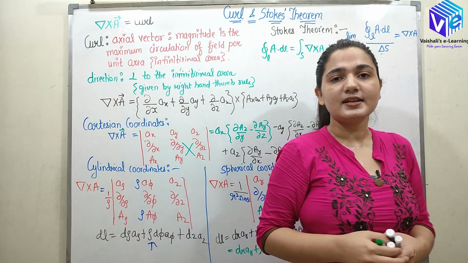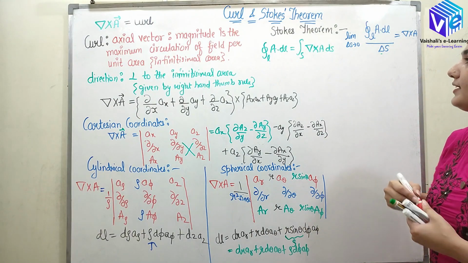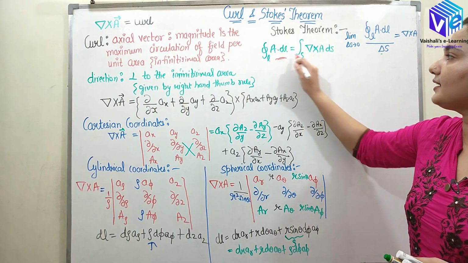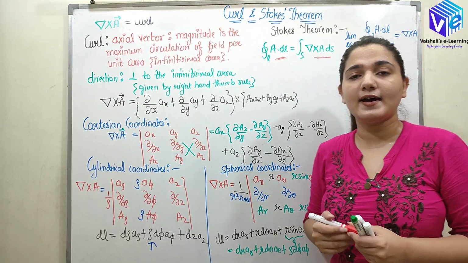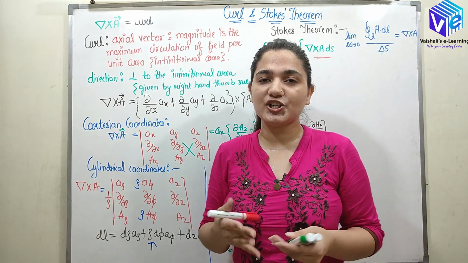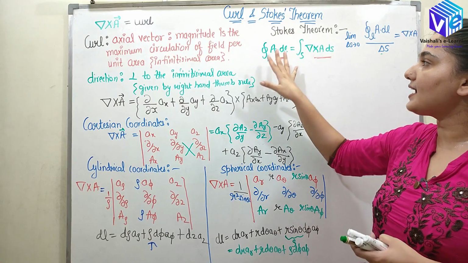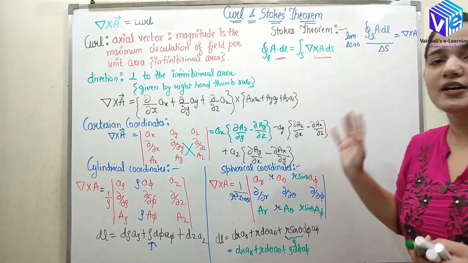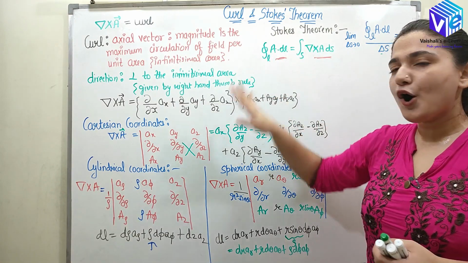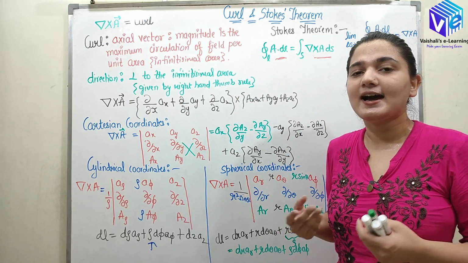What does this mean? This Stokes theorem is actually relating the line integral to the surface integral. Whenever we have the relationship between the line integral and the surface integral, in that case I will be using the Stokes theorem. So I hope all of the things that are discussed are now clear.